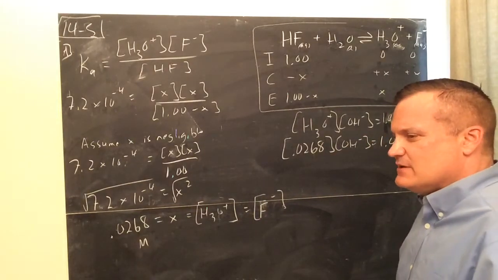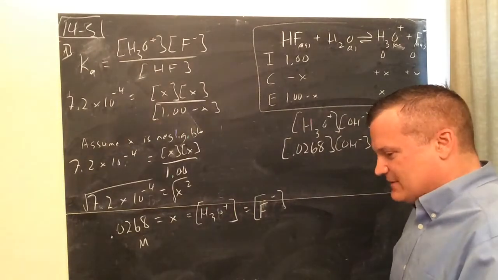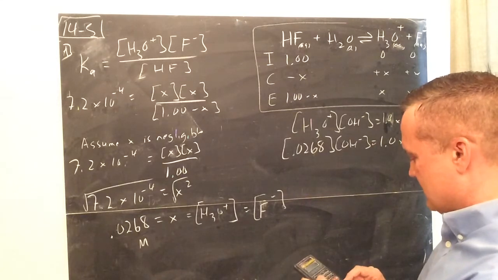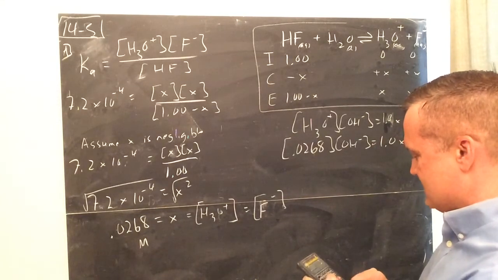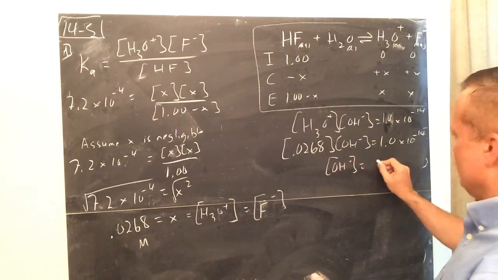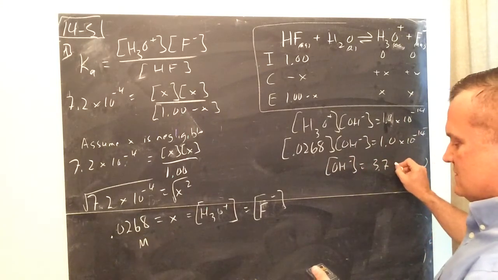Now the pH can be 2 places after the decimal. So 1 times 10 to the negative 14 divided by 0.0268. OH negative would equal 3.7 times 10 to the negative 13.